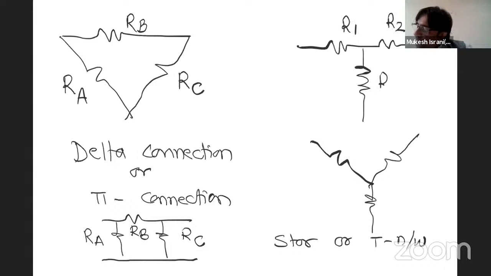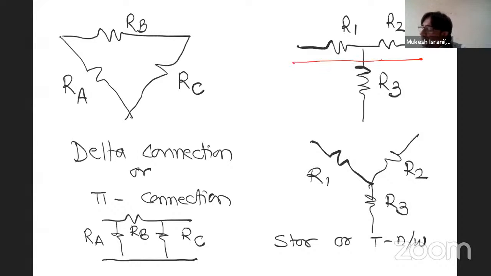So on the left hand side, the network that I've shown you is called a delta or a pi connection. And on the right hand side, the network is a T, letter T. This looks like a letter T or a star. Fine.